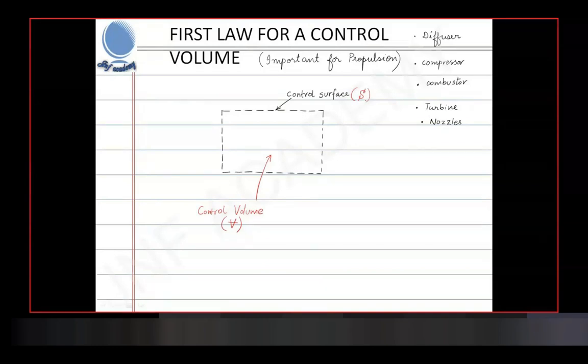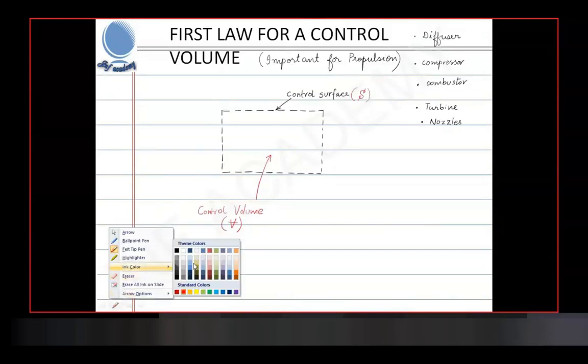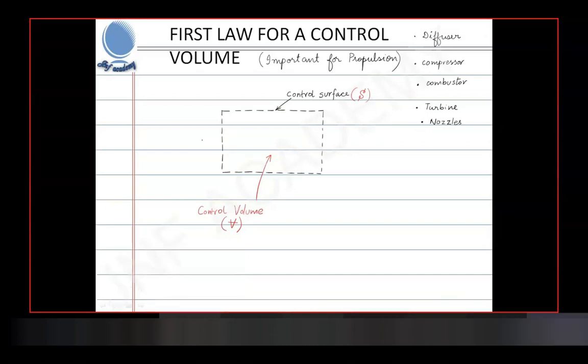This is the idea. Now let's assume that we have a flow that's taking place into the control volume. Let's say this is the flow, this is the inlet to the control volume, and the properties at the inlet are: the velocity is C1, the temperature is T1, the enthalpy is H1, and if you take some datum, the height above the datum for the inlet is Z1.